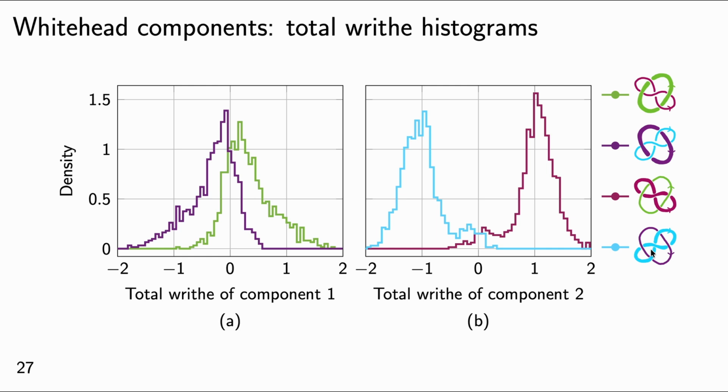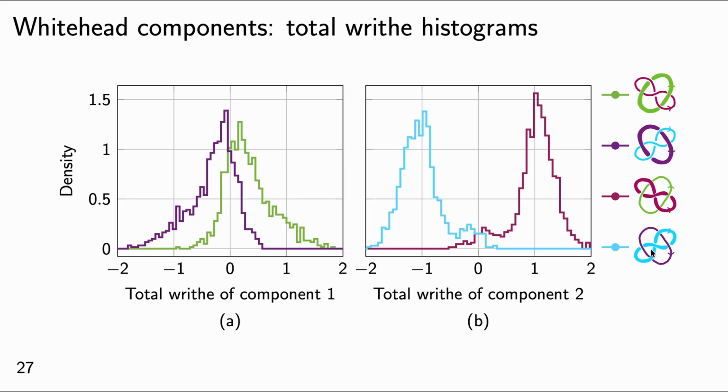It's possible to take the Whitehead link and deform it so that those two components switch places. Similarly, for the magenta component and the green component, it's possible to deform it so that these two switch places. And so what this is telling us is that LAMMPS has not produced a data set that reflects the underlying topological properties. There's an asymmetry in the data produced by LAMMPS when there is a symmetry in the topology.